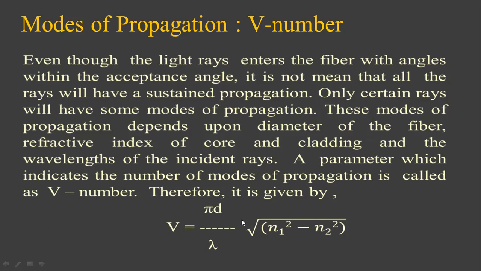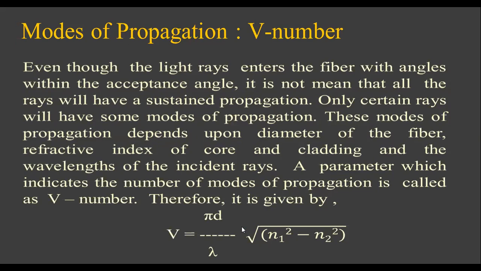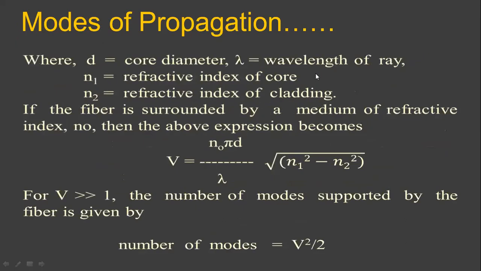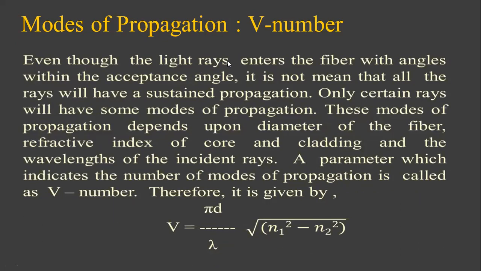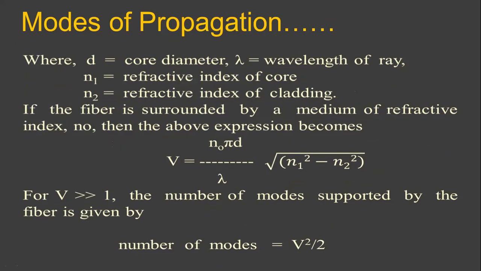All the rays will not sustain their propagation inside the optical fiber. Only few rays sustain their propagation inside the optical fibers. So in this equation, d is the core diameter, and lambda is the wavelength of the rays, and n1 is the refractive index of the core, and n2 is the refractive index of the cladding.